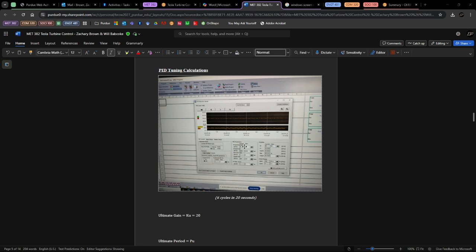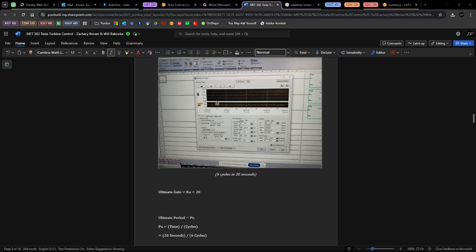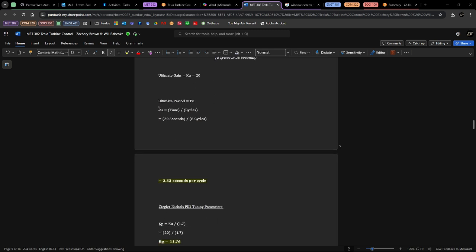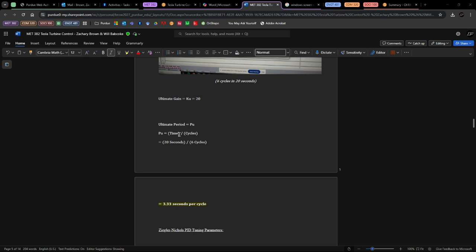We have the proportional set to 20, the integral set to 6,000, or anything close to infinity, and then the derivative to 0. So we were testing it at a set point of 40, which got us this curve here, or this cycle, and we were able to get data off of it, and we managed to read 6 cycles in 20 seconds.